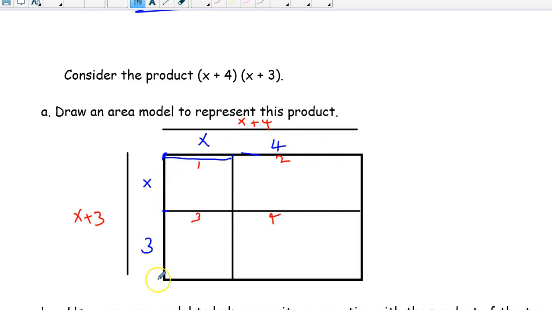To find the area of the whole rectangle, I can just multiply length times width. That is x plus 3 times x plus 4, or x plus 4 times x plus 3. The same thing. Right? Multiplication is commutative. I can just write it down either way.